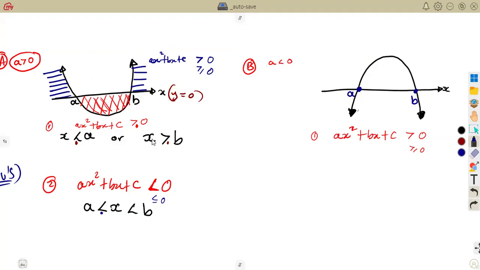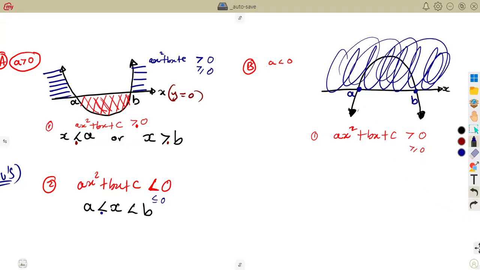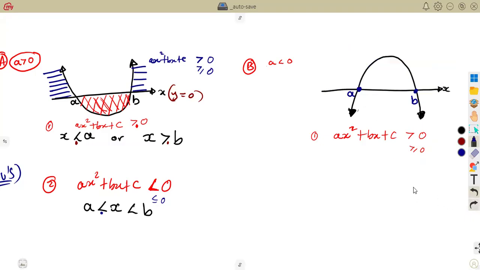We said our solutions are above the x-axis, because it says greater than 0. So the solutions are taken above the x-axis. And we are still above because the function is greater than or equal to 0. But can we say the solutions are this side and this side?